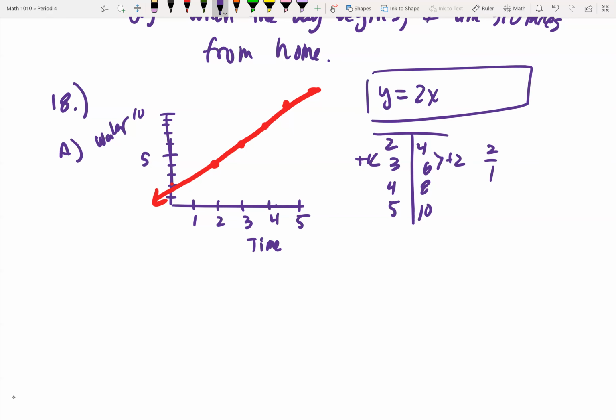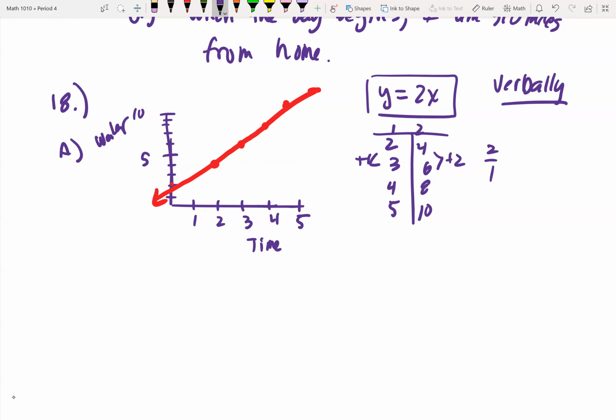Now I just have to find the y-intercept. If I'm going up by 2, then 1 would be 2, and 0 would be 0. So I don't have to do anything. There's my equation right there: y equals 2x. Because you can check it. If x is 2, 2 times 2 is 4, 3 times 2 is 6, 4 times 2 is 8, etc. And then verbally, okay, so basically you're going to say, I start with no water, or rather with a water level of 0 would be better because it says water level.